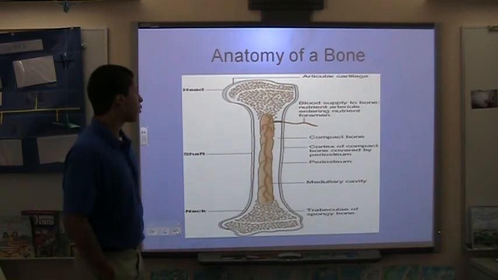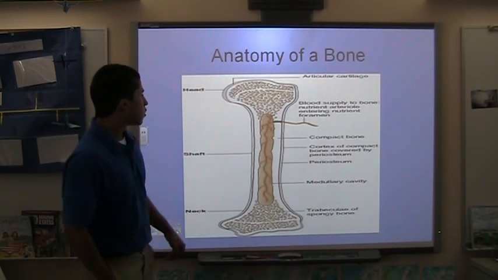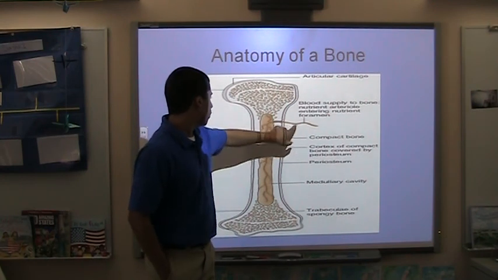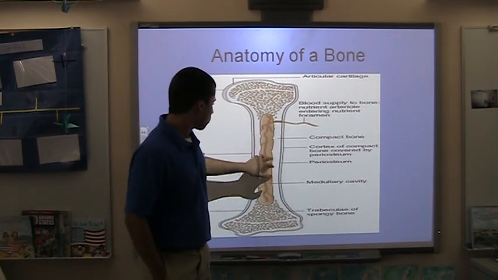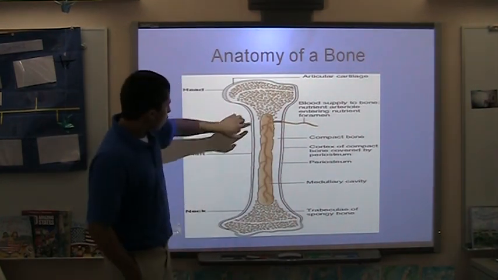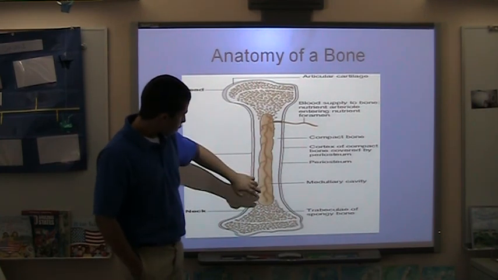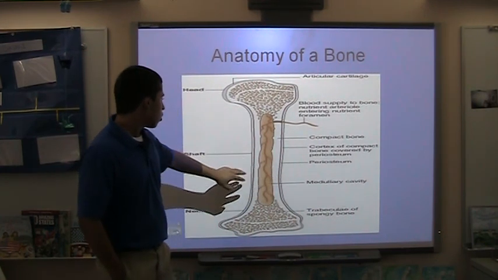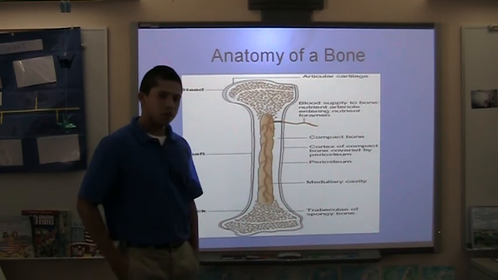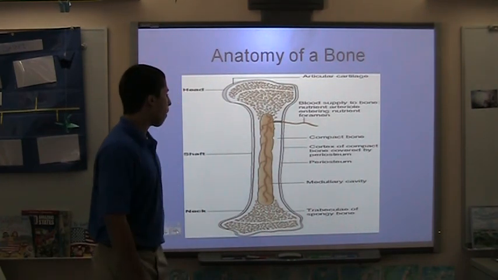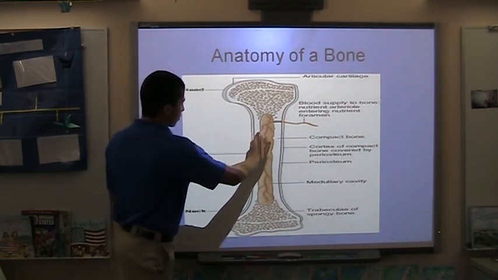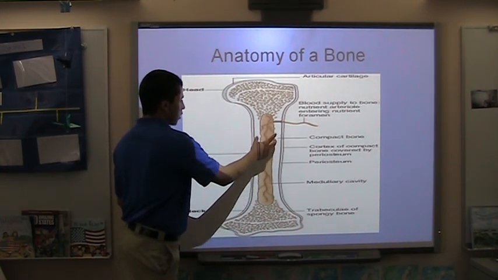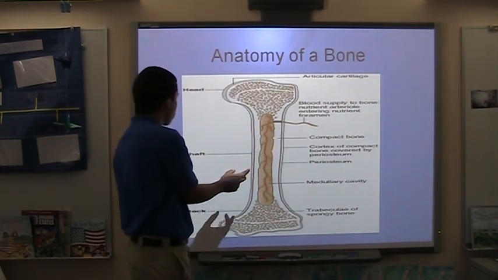Here we have the anatomy of a bone. As you can see, we have blood vessels running through the bone. This orange section right here is the spongy part of the bone, and it provides protection for the blood vessel. On the outside of the spongy bone, we have the compact bone, which is the hard part of the bone.